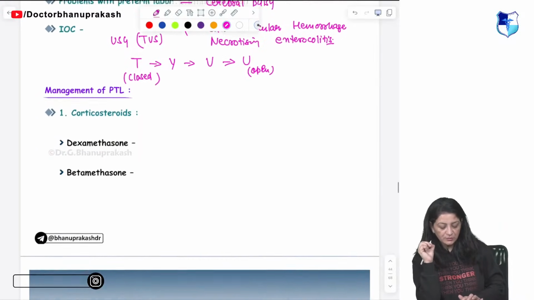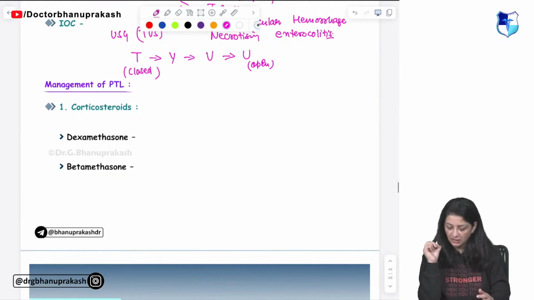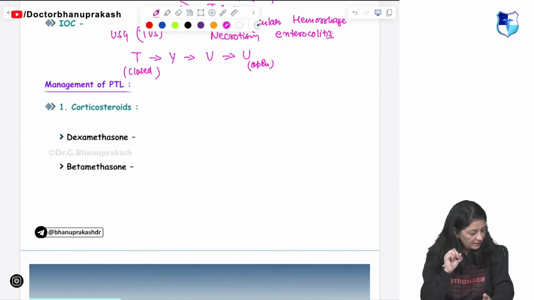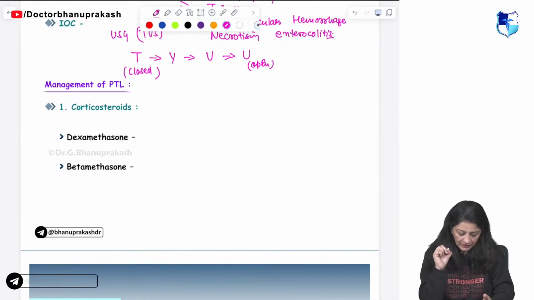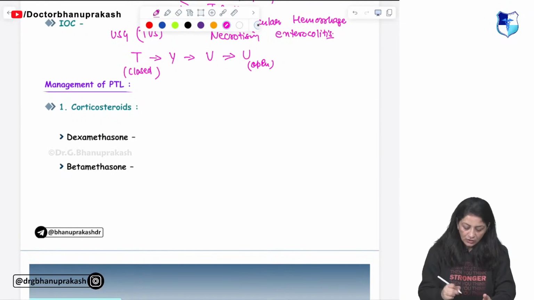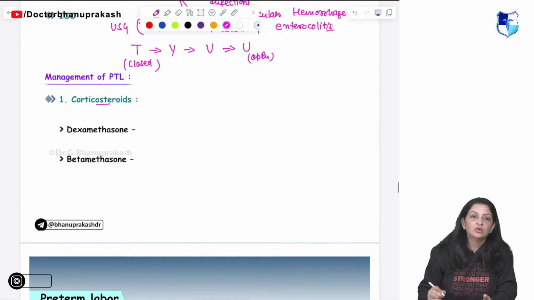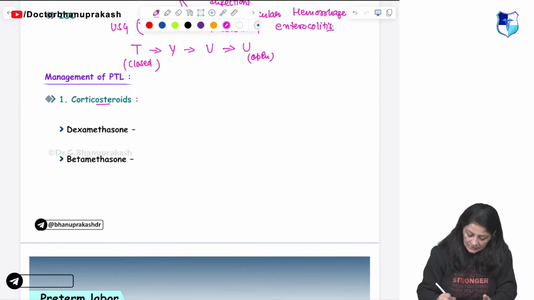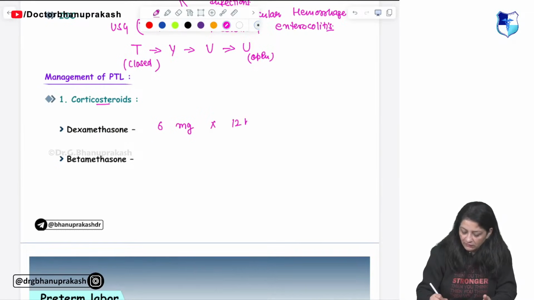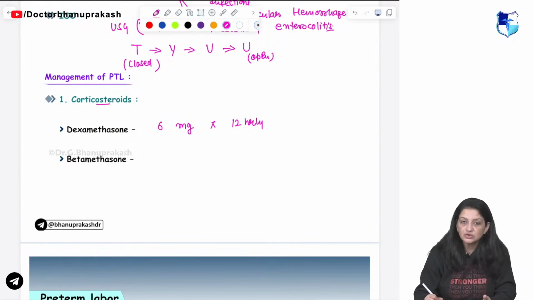Now, what is the management in case of preterm labor? First of all, for lung maturity, corticosteroids. Dose of dexamethasone 6 milligrams 12 hourly, 4 doses.